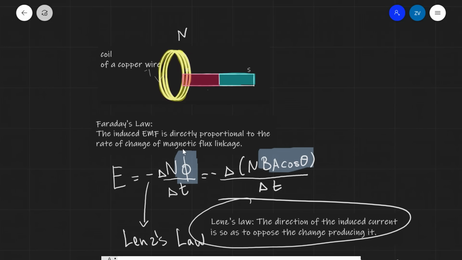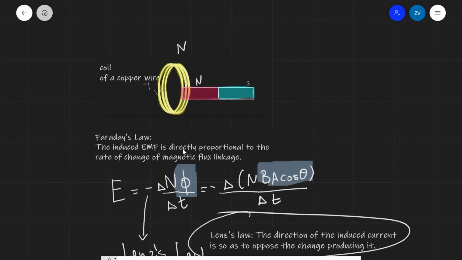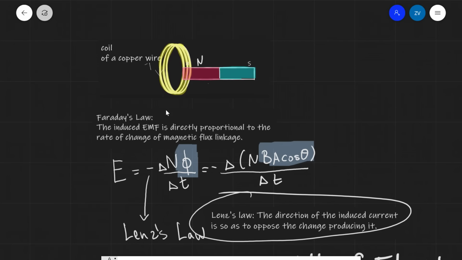For instance, if I have a north pole of the magnet approaching this copper wire, then the wire will turn itself into a magnet, and the current will be such that the wire, which is now an electromagnet, will produce a north pole which will repel this north pole.